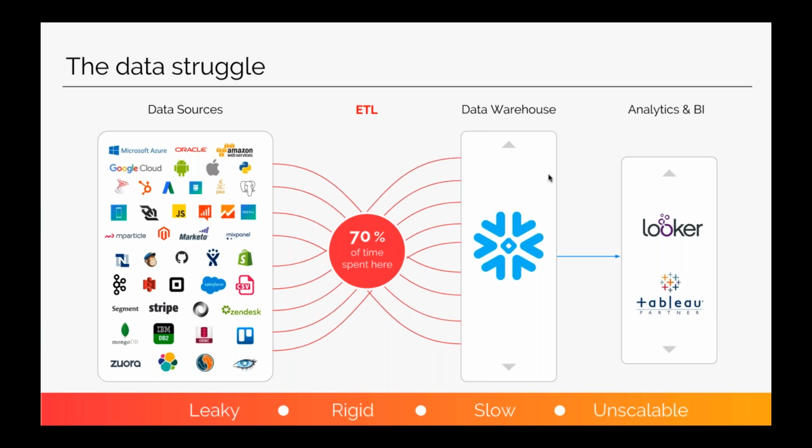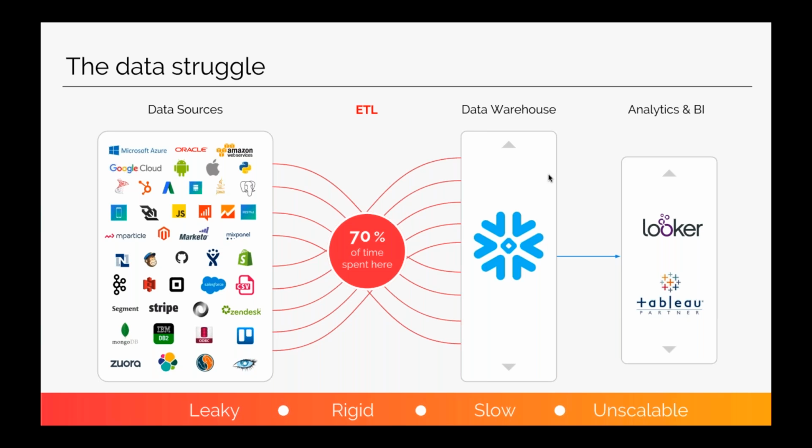Snowflake has made great strides in making the data warehouse part accessible and easily manageable in the cloud. So Snowflake is a data warehouse as a service that is taking away all of the load from managing and maintaining a data warehouse. However, the task of moving the data from all of the disparate silos into Snowflake still remains very difficult.